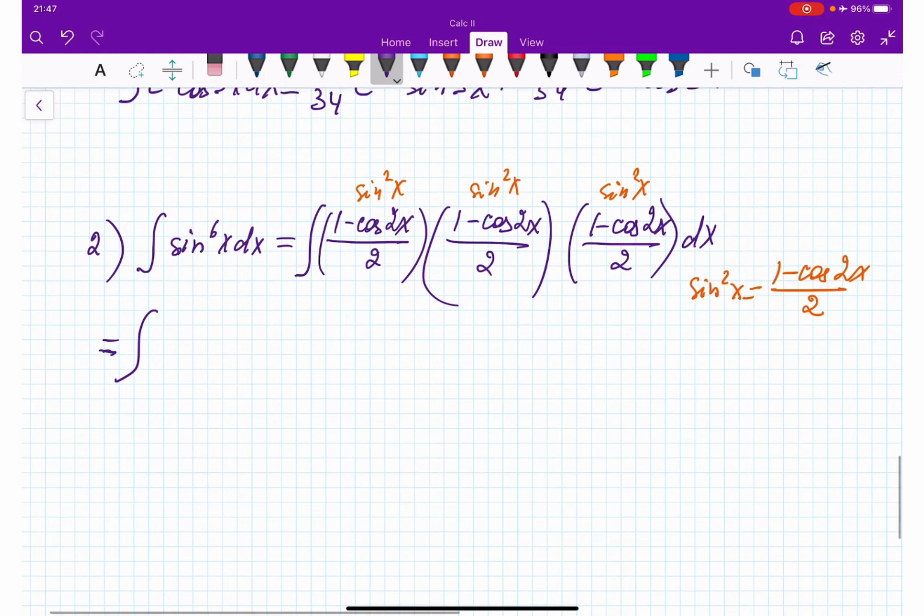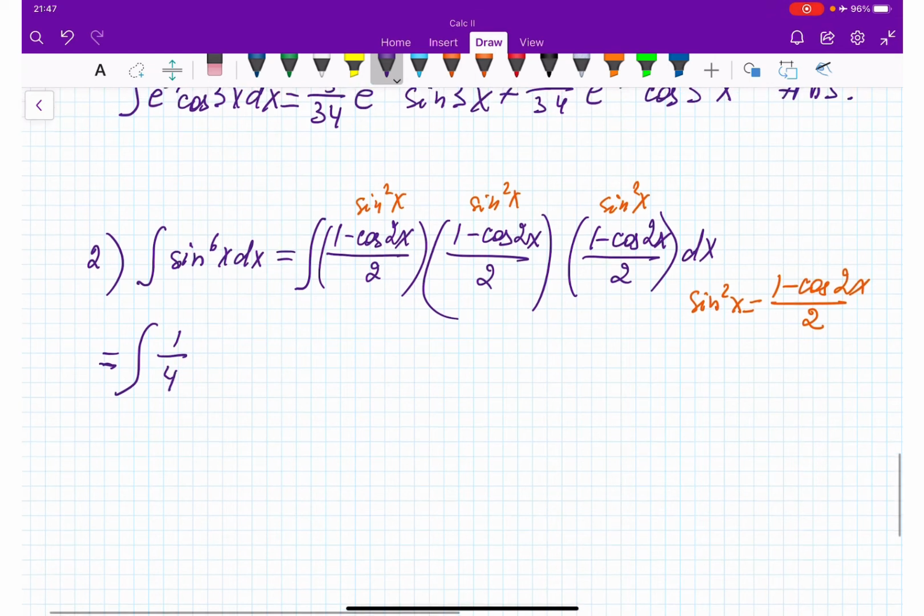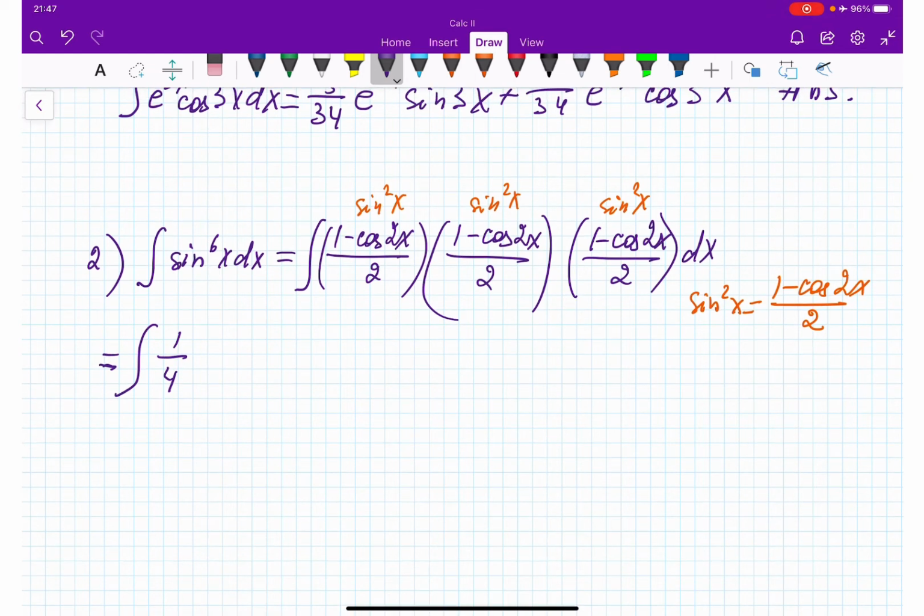Integral, I'm going to get 1/4. So first I'm multiplying. Let me clean this since we already know. Now we're going to the next step. Okay, maybe I should rewrite it so it would be easier for you to see.